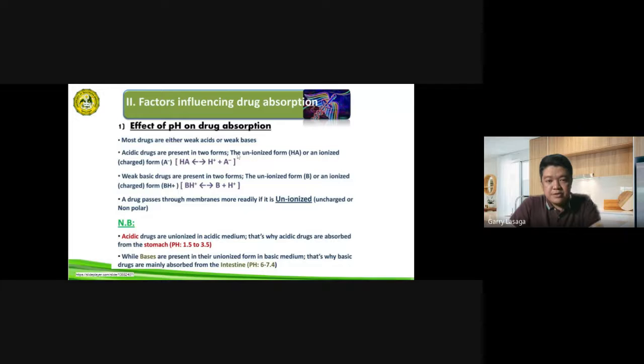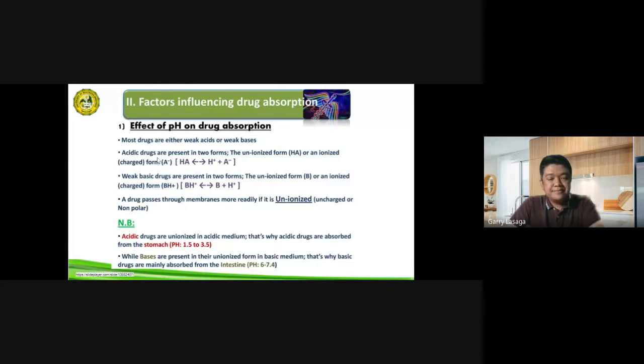So the other term for the unionized form is the unprotonated form. The other term for the ionized form or the charged form is the protonated. So when we say proton, that has a positive charge. So in this case, in an acid, the proton refers to the hydrogen ion.